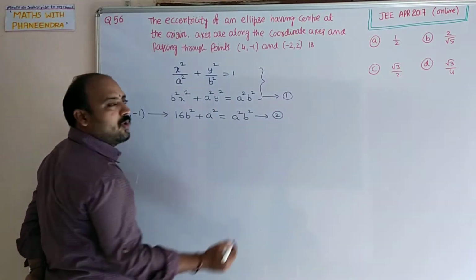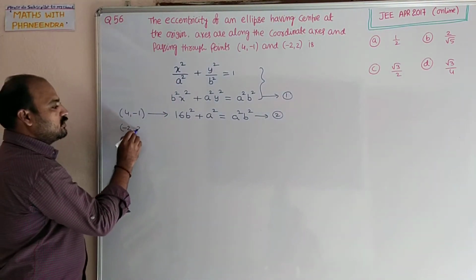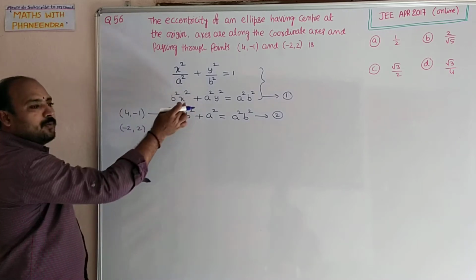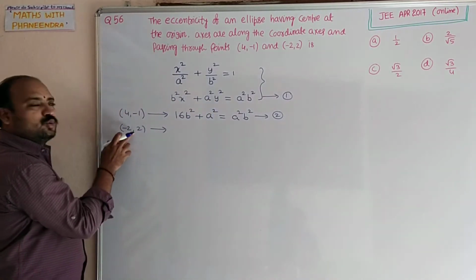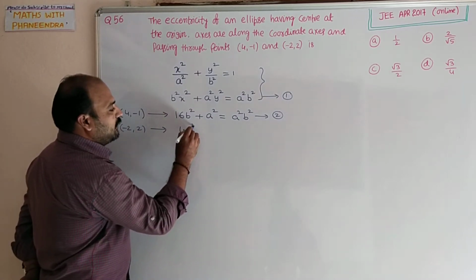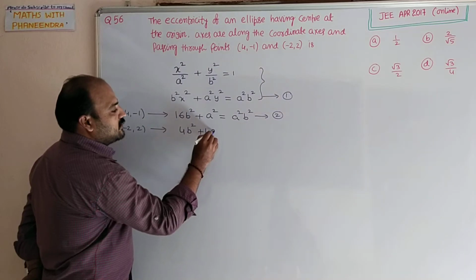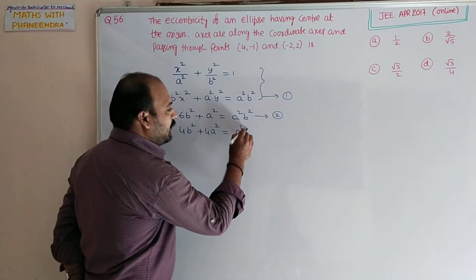Call that equation number 2. And the second point is -2 comma 2. Equation 1 passing through -2 comma 2. So in place of x comma y, substitute -2 and 2. It becomes 4b square plus 4a square is equal to a square b square.